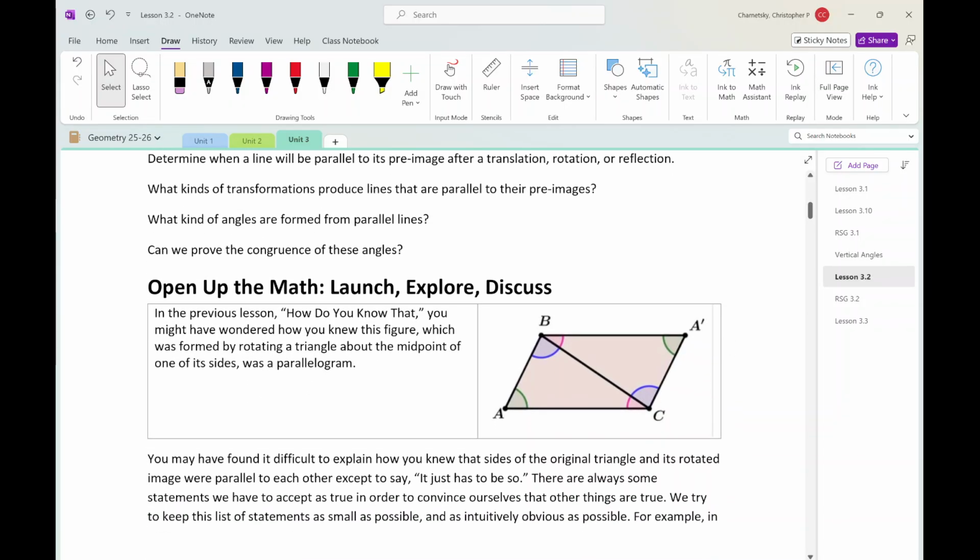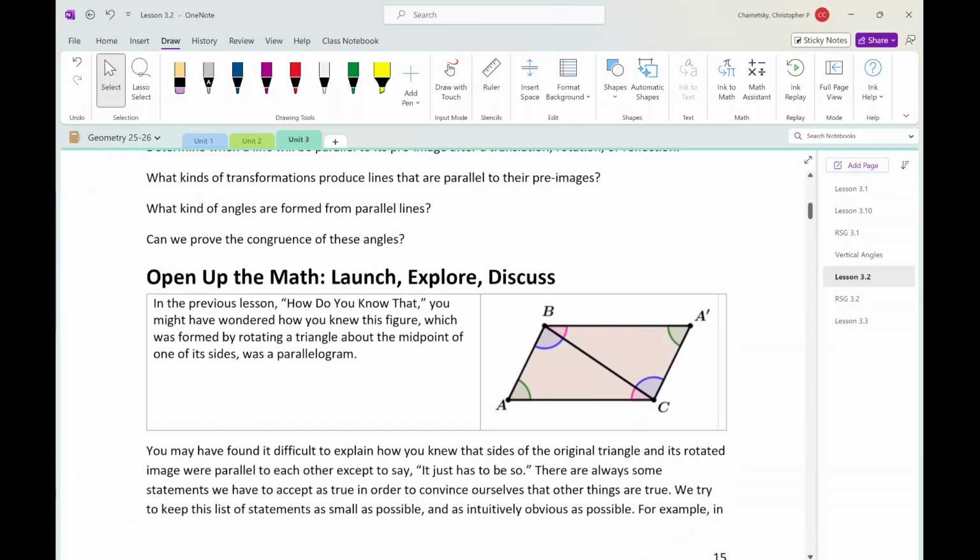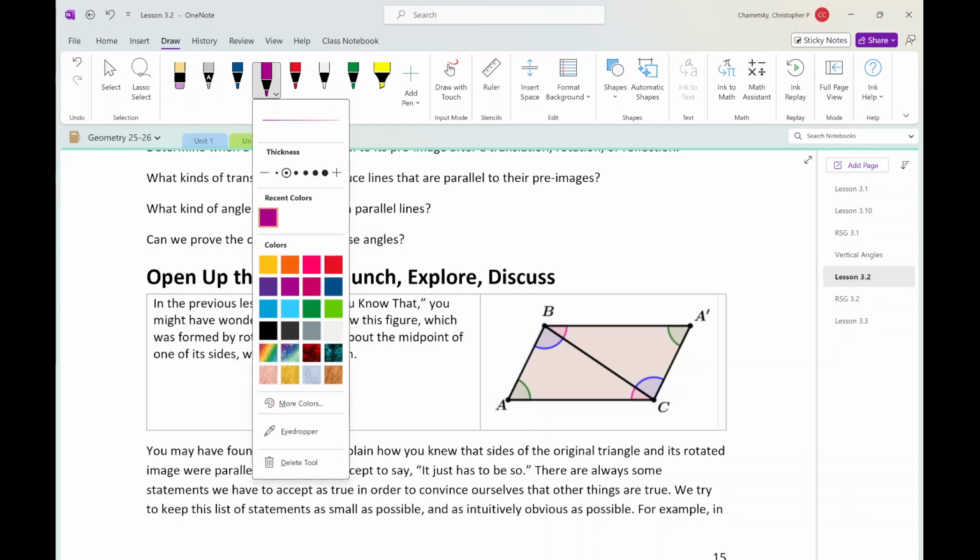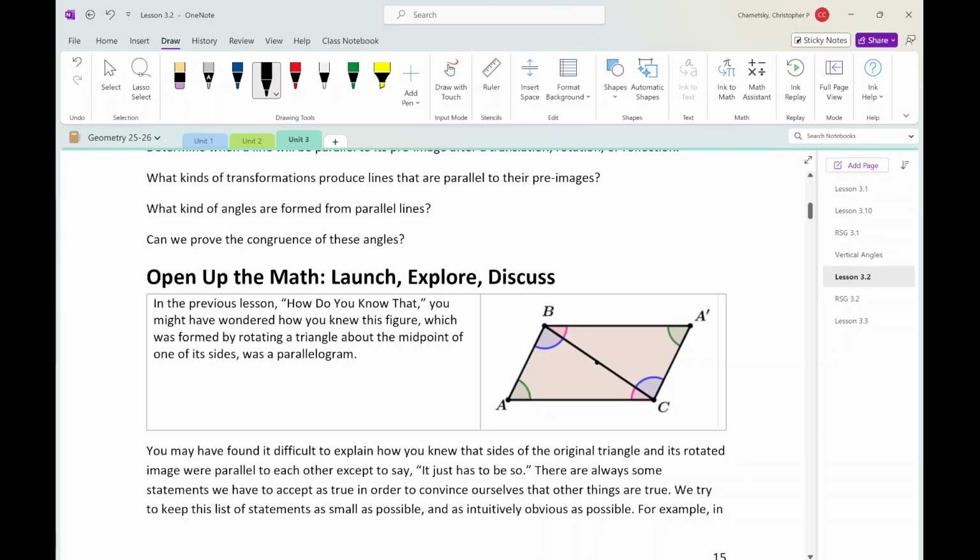This is going to be important because we looked at this triangle that we rotated into a parallelogram last lesson. To get this shape, we took the original triangle ABC and rotated it 180 degrees around this midpoint, which we'll call point E. When we do that, how do we know that we end up with a parallelogram?